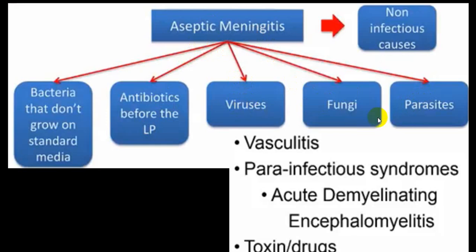So the most common cause of aseptic meningitis is usually vasculitis, para-infectious syndrome, particularly acute disseminated encephalomyelitis, and toxins and drugs. This comes very frequently in case of aseptic meningitis, which are put into non-infectious causes.